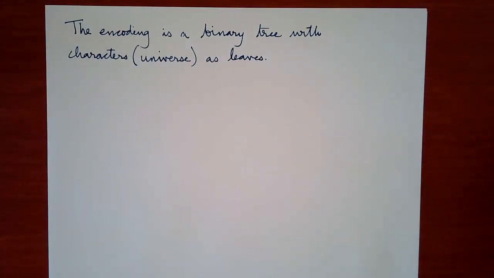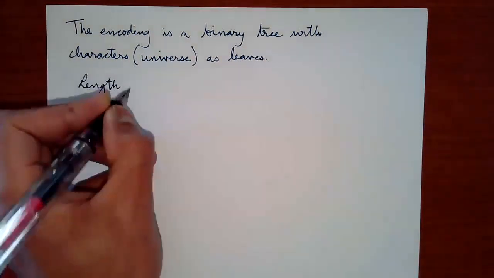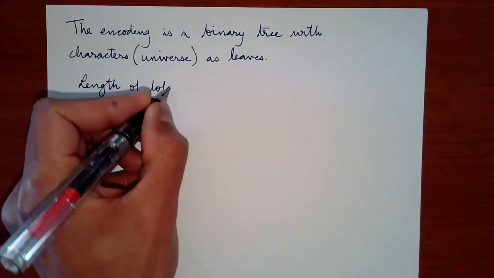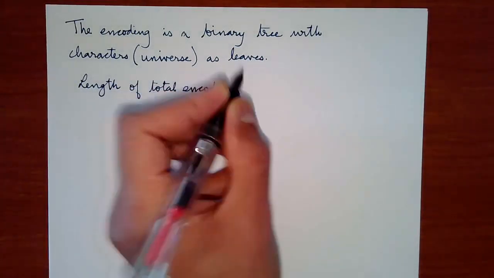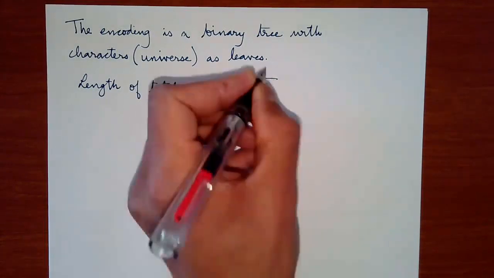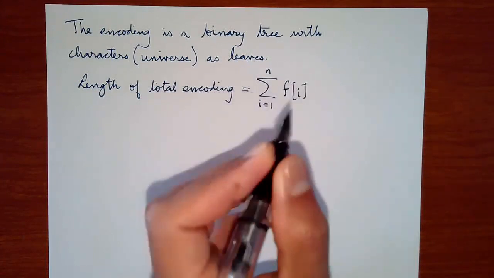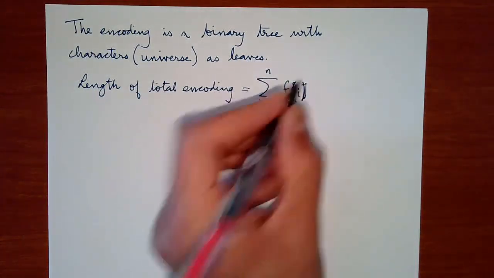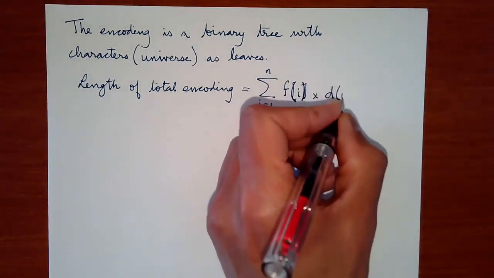Okay? And now, just like we saw before, there's this notion of the length of the total encoding: we sum over all characters the frequency of the character, which I'll think of as a function, times the depth of the character.